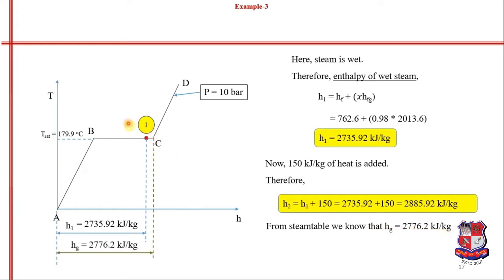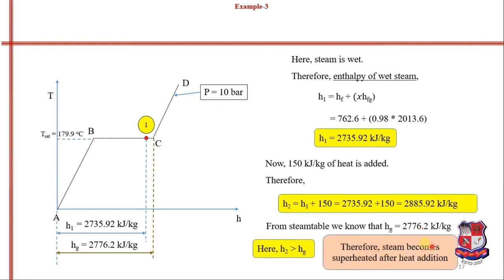We are having the value of H2 as 2885.92, which is obviously greater than Hg, means our steam becomes superheated after addition of 150 kJ per kg of heat. So after adding 150 kJ per kg of heat, the steam at point 1 will be superheated.